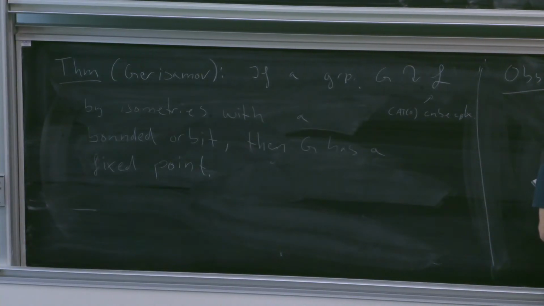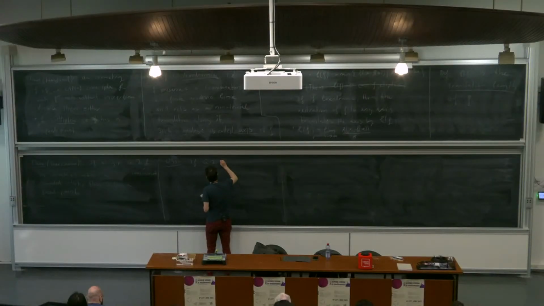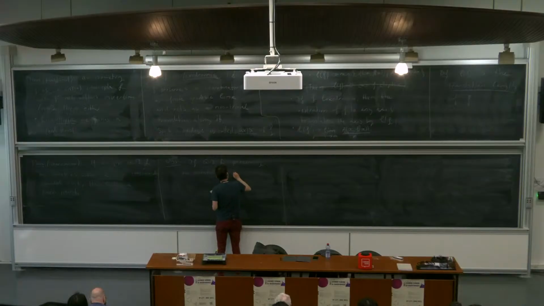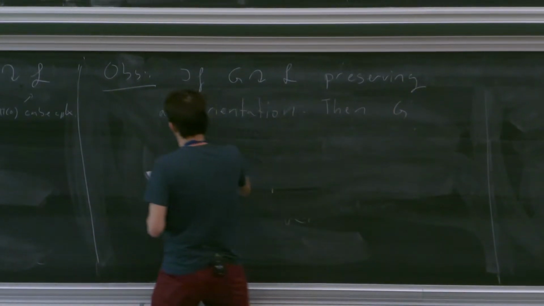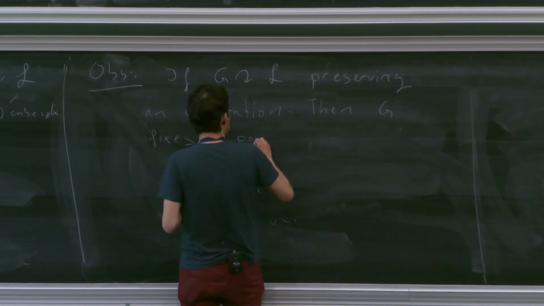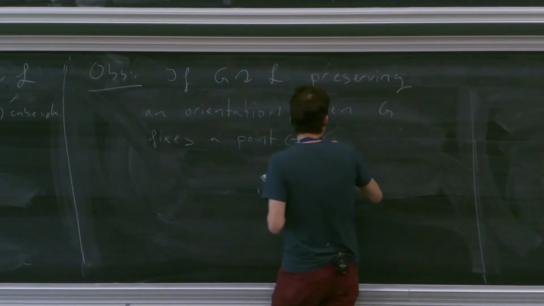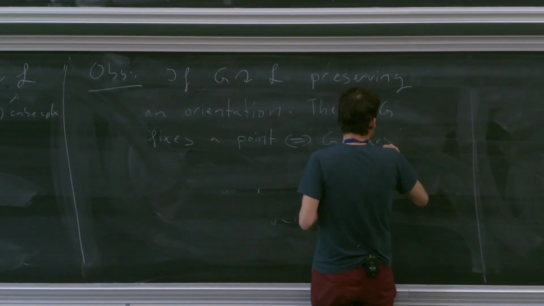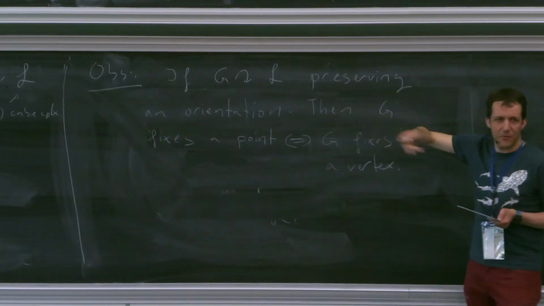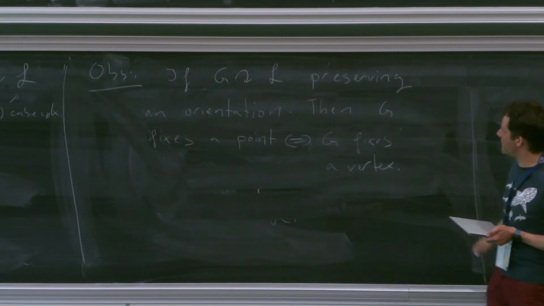So if you have a group G that acts on a cat-zero cube complex L that preserves an orientation, then G fixes a point if and only if G fixes a vertex. So if it's true for groups, it's also true for single elements. Like you just look at the group generated by this element.